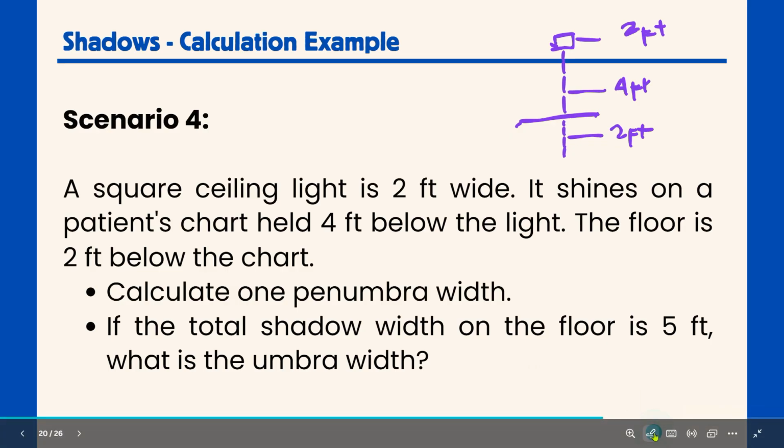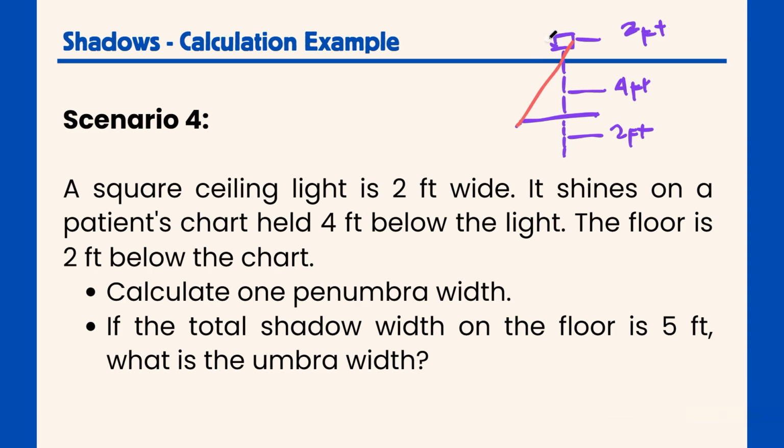So what does it look like now? Okay, same triangles again. The penumbra here. Our altitude here is 4 feet, and our base is 2 feet. Then here is 2 feet.